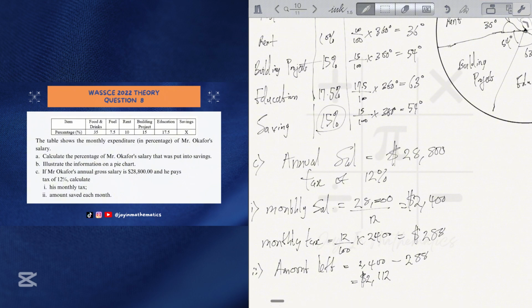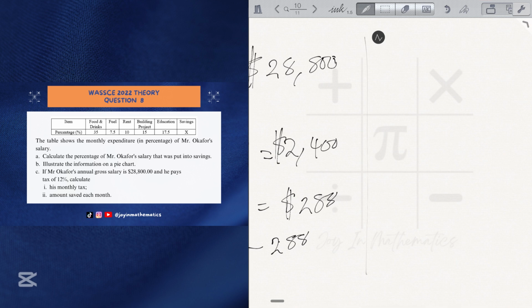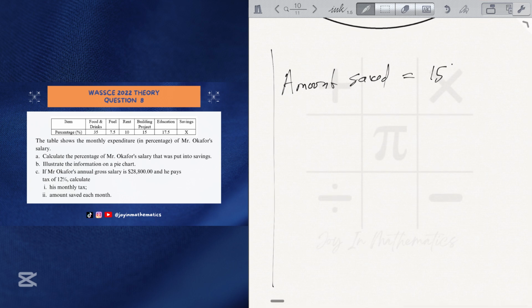So once you have 2,112, how much is it saving? Now the savings is always 15%. So the amount saved will be equal to 15% of the amount left after paying tax. So that is going to be equal to 15 over 100 of the amount left.